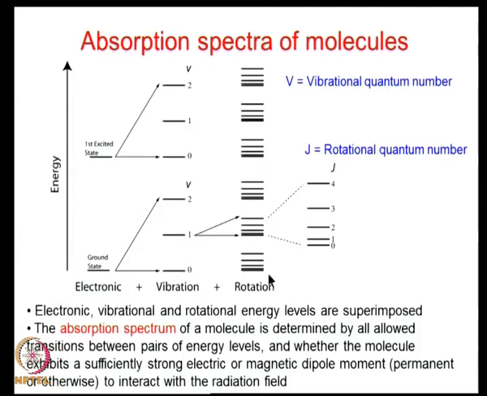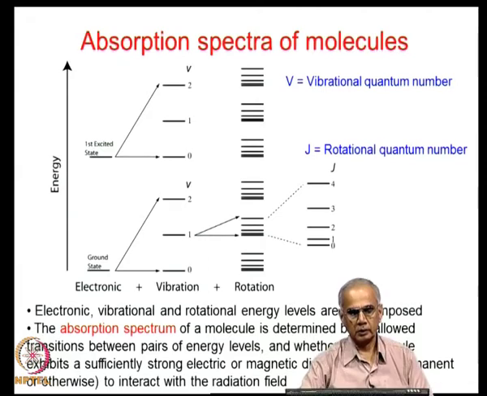Now, let us look at the vibration rotation transition. You can have a change of 1 in vibration accompanied also by a change in rotation. So, the molecule can move from v equals 0 to v equals 1 and j equals 0 to j equals 1 or 2, and thereby absorb the full energy of the photon.